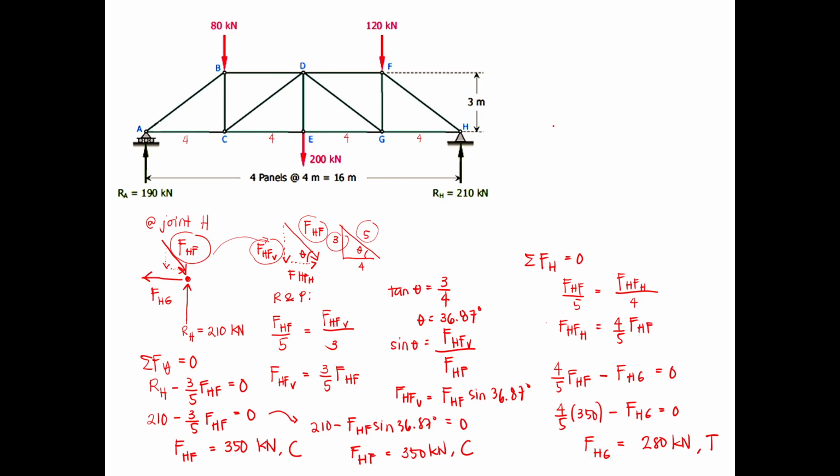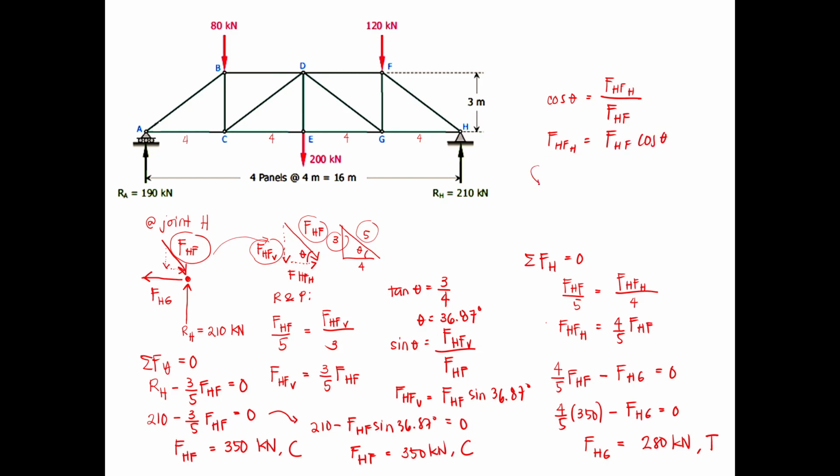So again, if you're going to solve this one using the angle, you're going to have cosine theta is equal to FHF horizontal over FHF. So FHF horizontal is equal to FHF cosine theta.